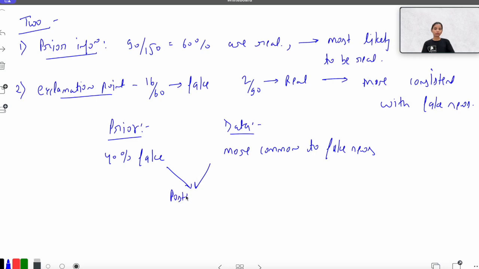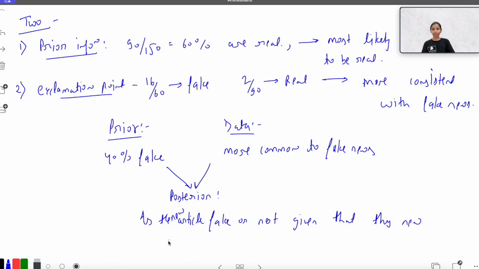We want to update our prior to a posterior: is this new article fake or not, given that this new article uses an exclamation mark?